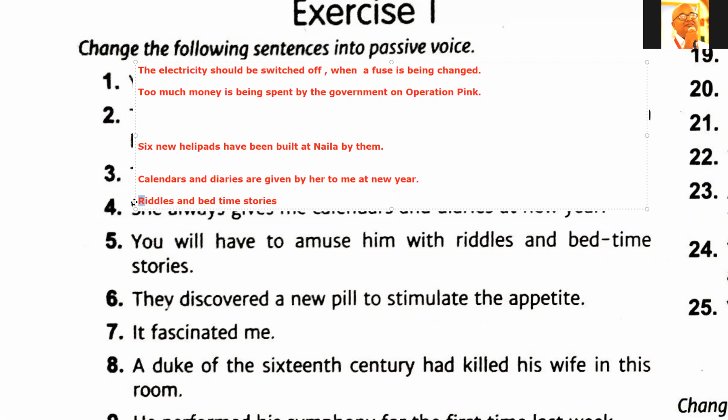So the correction would be, he has to be amused with riddles and bedtime stories. Not by, with. He has to be amused with riddles and bedtime stories by you. Or you can use by you here. Right? Okay, this one is the correct one.